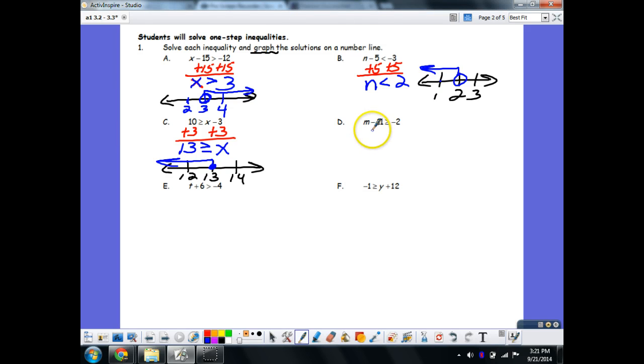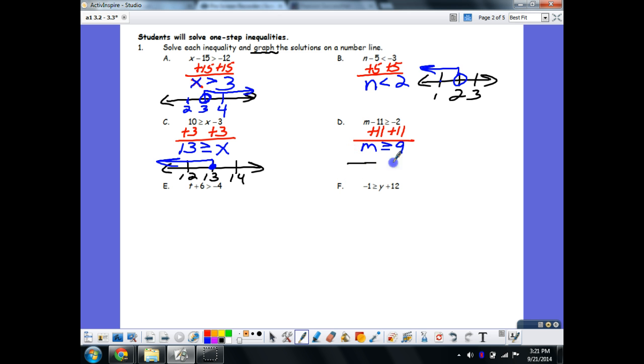In D, we would add 11 to both sides. And when we solve this, we get m is greater than or equal to 9.